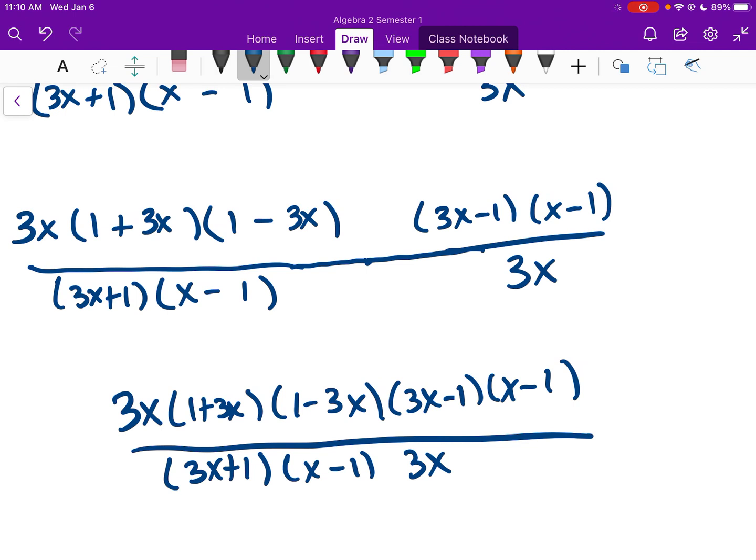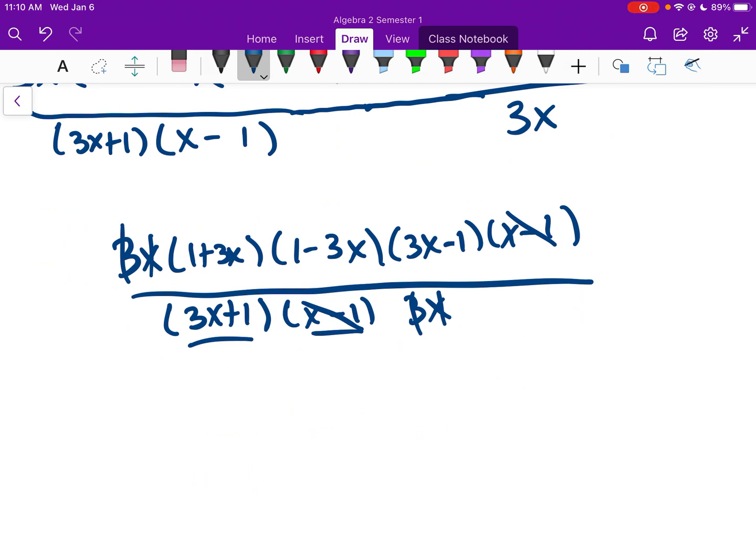Then again, from there I'm going to look for common factors. What's in both the top and bottom, the numerator and denominator. They both have a 3, so those will cancel. Both have an x. And then I'm going to look here. 3x plus 1, do I have one up top? I do not. So we're good there. x minus 1, there is one of those on top, so I'm going to cancel those two terms. And I'm just going to rewrite what is left.